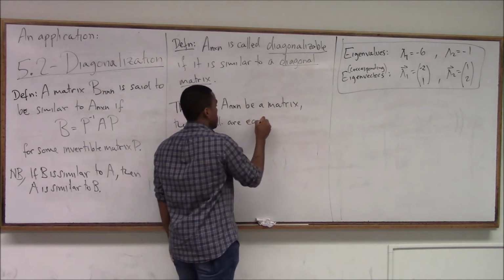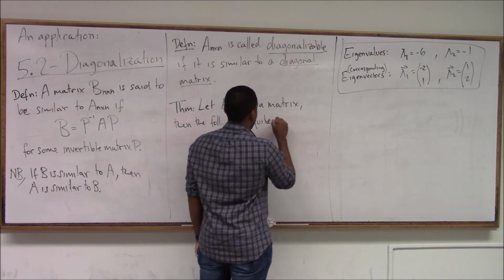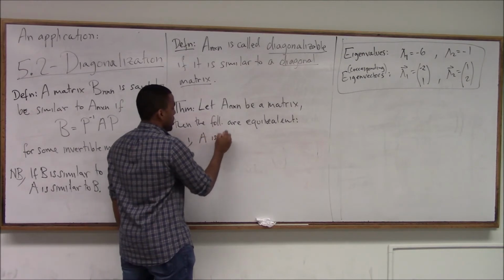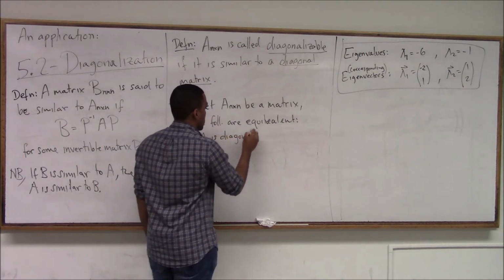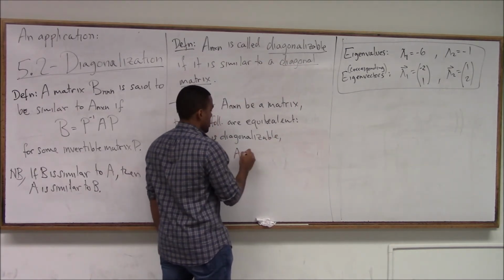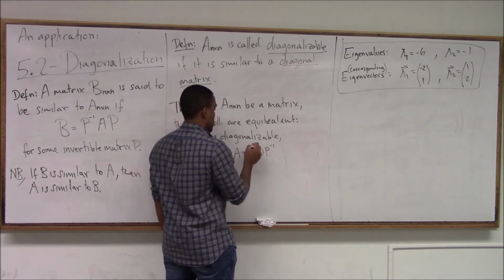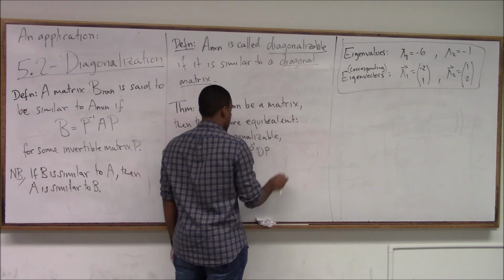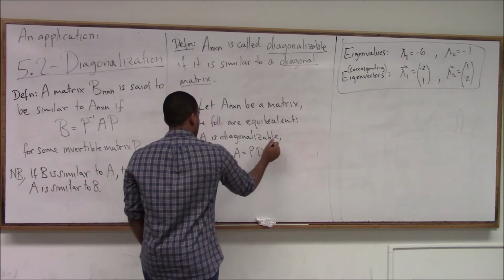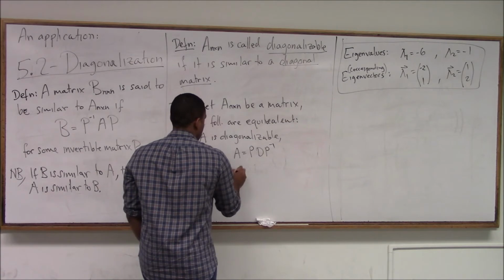Meaning they will both happen at the same time, or they will both not happen at the same time. 1, A is diagonalizable, i.e. A is equal to P inverse. Sometimes it's nicer to write this way. B is diagonal.